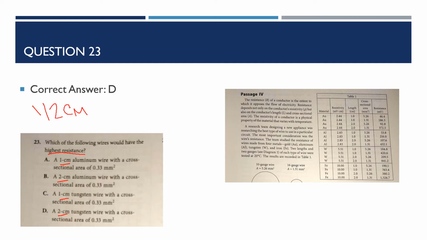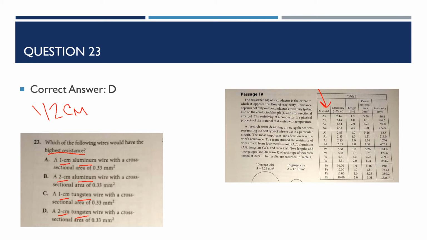And then look, we've got aluminum and aluminum. And I have tungsten, and then I have tungsten. So we're deciding two things here. We're deciding is it 1 or 2 centimeters, and then we're deciding is it aluminum or is it tungsten. Now if we look over at the chart, one of our problems here, depending on how well your student knows his or her atomic symbols, under material, we don't see aluminum, we don't see tungsten.